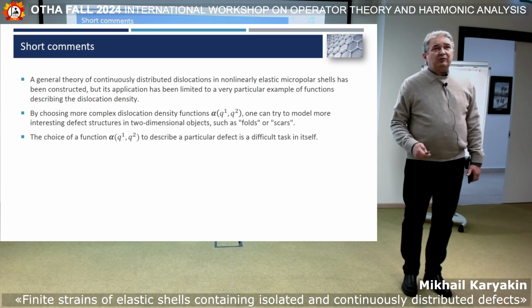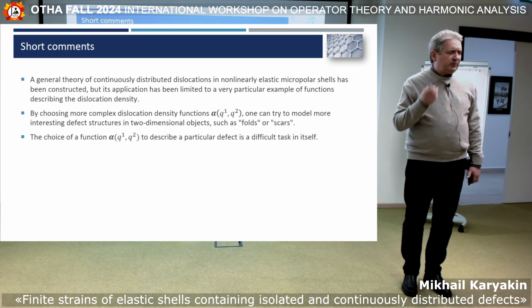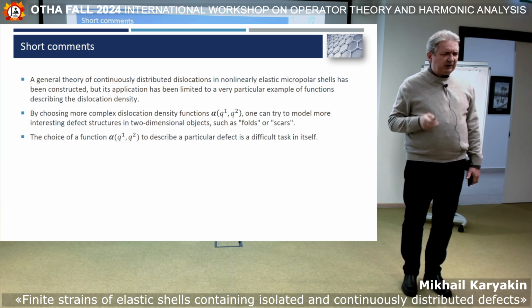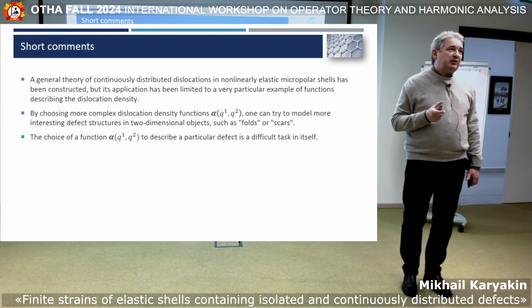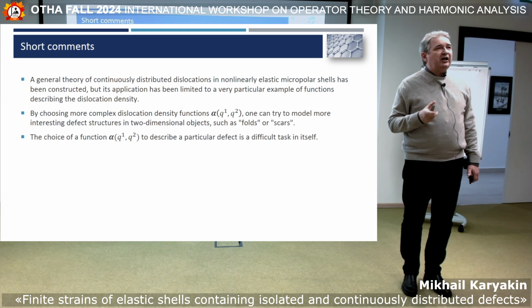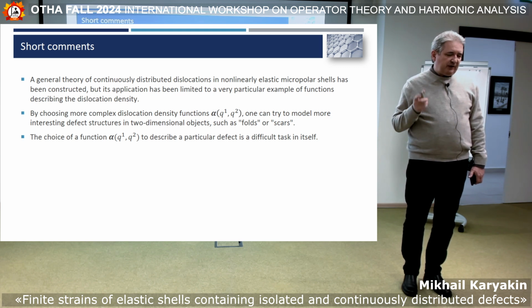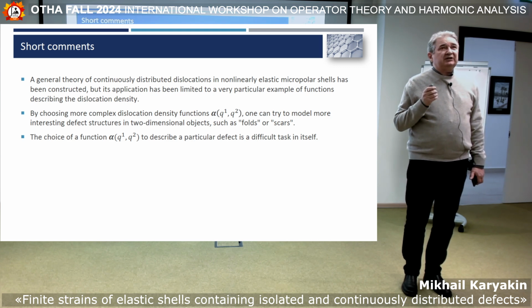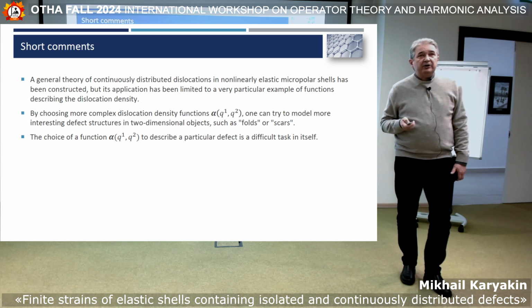But we found several partial examples. I showed one for a spherical shell. We have a similar example for a cylindrical shell, where we have a more or less analytical solution. The solution then requires only solving simple, maybe not so simple, algebraic equations, not even an ordinary differential equation.